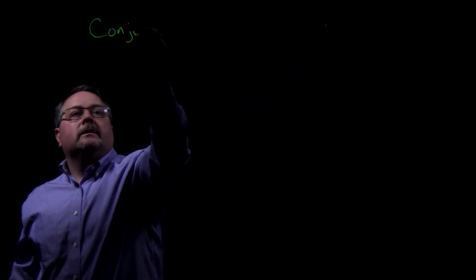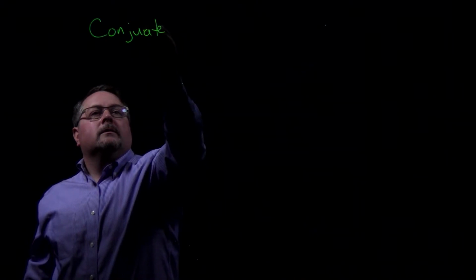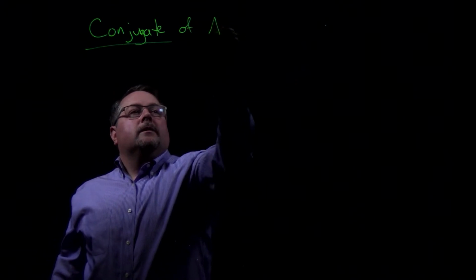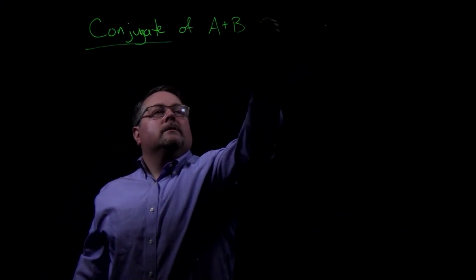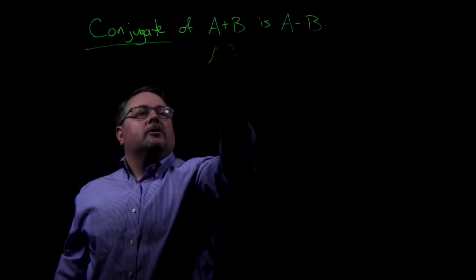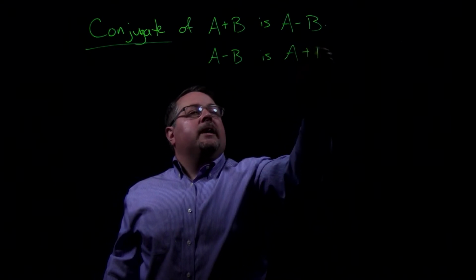And you've seen the idea of the conjugate before when you were rationalizing denominators and doing complex conjugates. So recall that algebraically, the conjugate of a plus b is a minus b, and the conjugate of a minus b is a plus b.